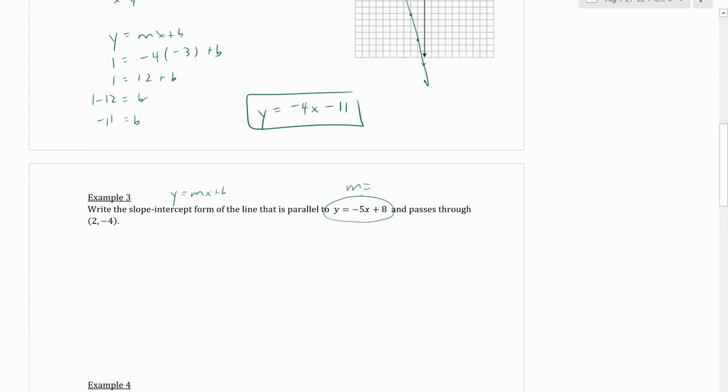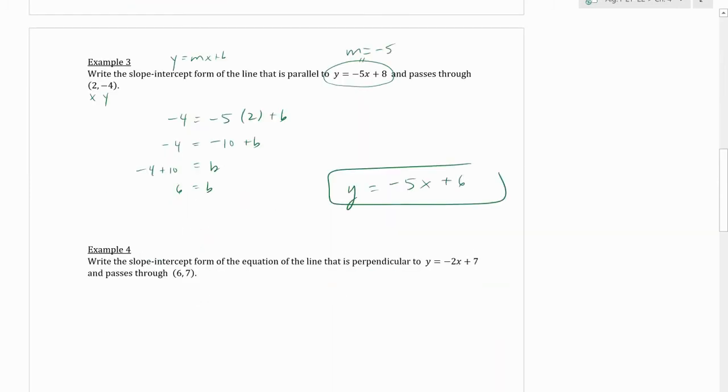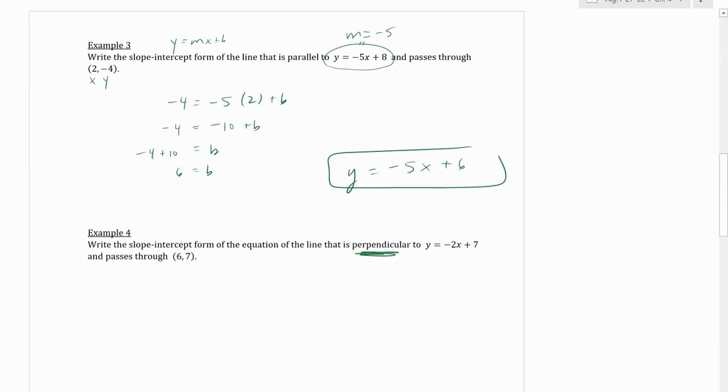Parallel to this, so I want the slope of the parallel line to be the same. Here's x, here's y. Add 10 to both sides. Y equals negative 5x plus 6. Perpendicular. Slope-intercept form.